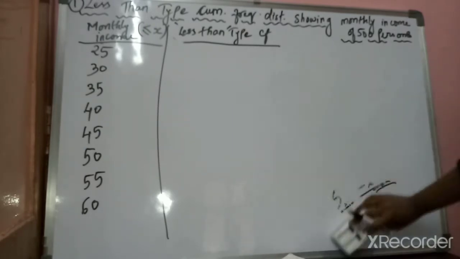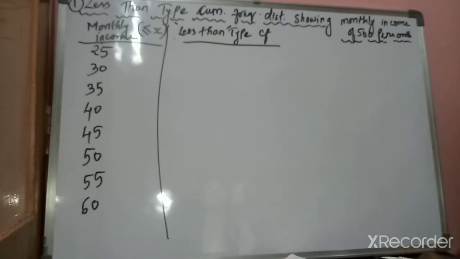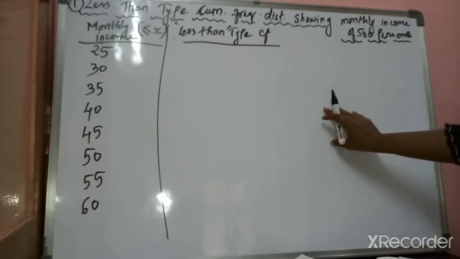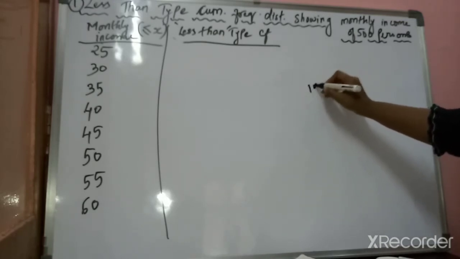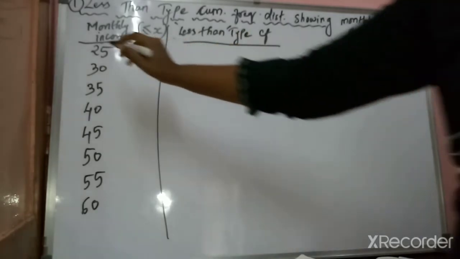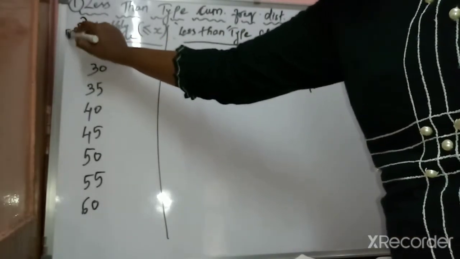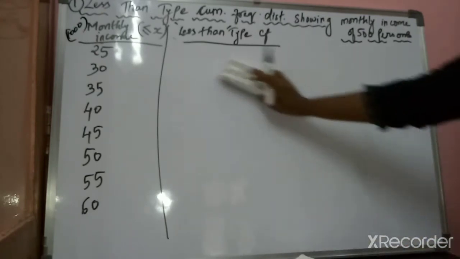Now let's do the cumulative frequency. So what it is saying is less than or equal to 25,000. See, monthly income is given in 1000 rupees, so you can say 25,000, or you can write it like this in brackets. I have no space, so you have to mention it in your books.